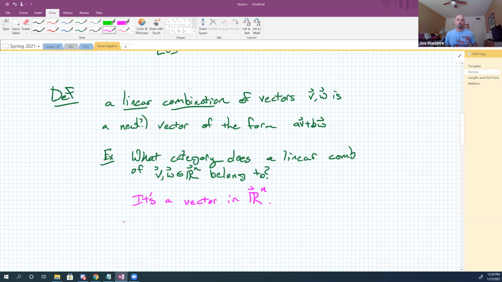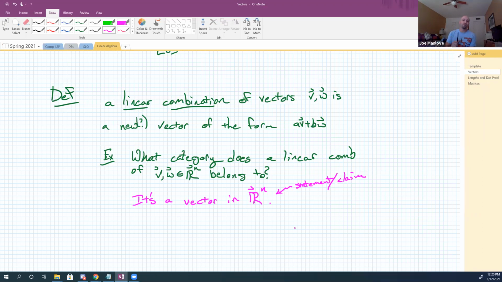Now, the answer that I want you all to use in linear algebra is a statement followed by a why. So the statement is it's a vector in Rn. Or a claim, right? So you're claiming this. Now convince your fellows that this is the case. Not me. I believe that this is the case because reasons.